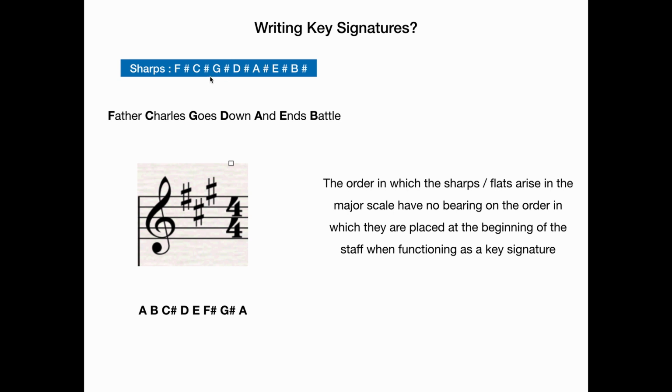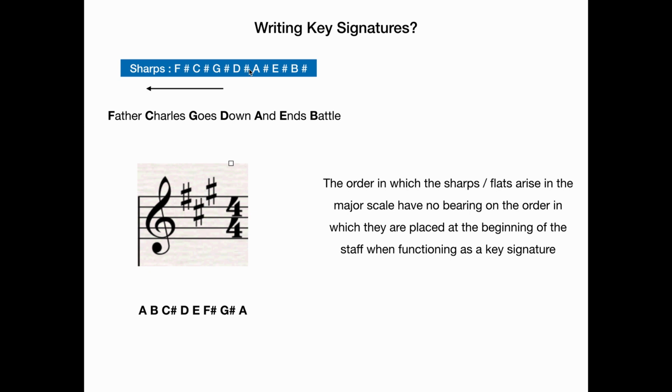And if this G sharp is the last sharp featured in the key signature, that tells us that these are the sharps featured, and as always printed in this order: F sharp, C sharp, and G sharp. And that method could be used for any major scale featuring sharps. So for example, if someone asked you to write the key signature of B major, the last sharp is going to be a semitone below B, which is an A sharp.